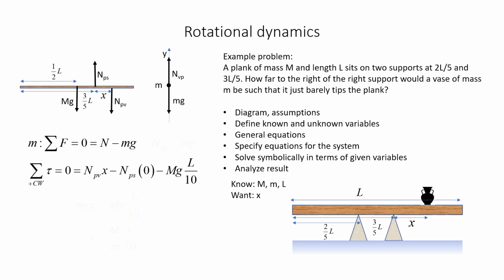And then Mg at the distance L over 10 has a minus sign. That minus sign comes in because that gravitational force would rotate the plank in the opposite direction.